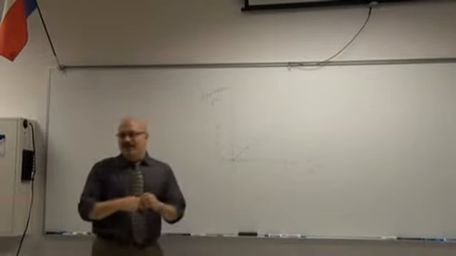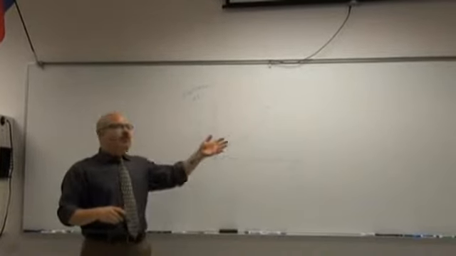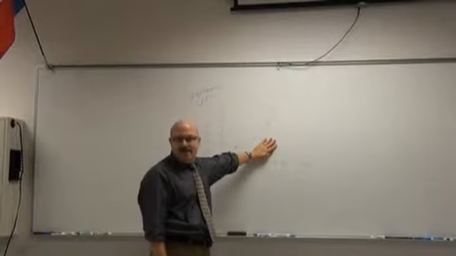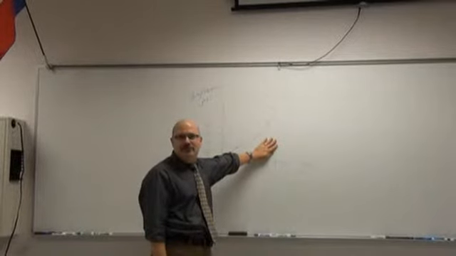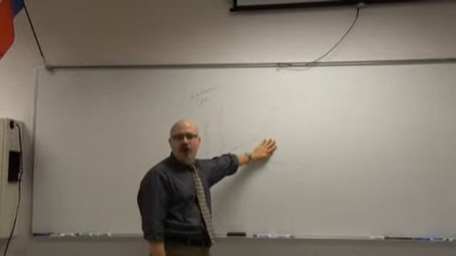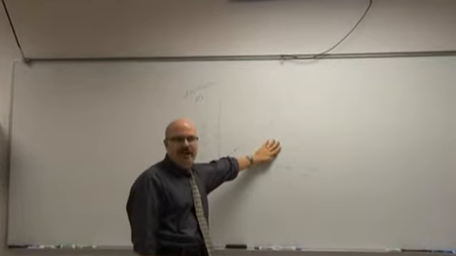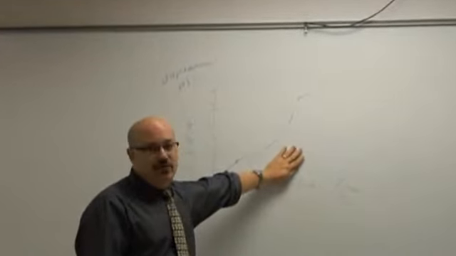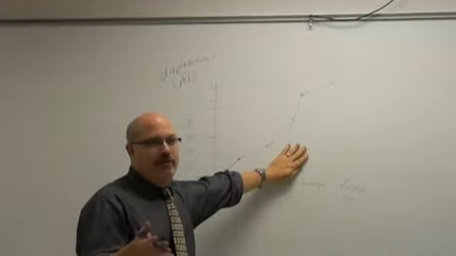Here's the problem with this: every time that we graph our data, this is not math class. In math class, all your numbers are exact and perfect and pretty. In this class, your numbers are not that way.